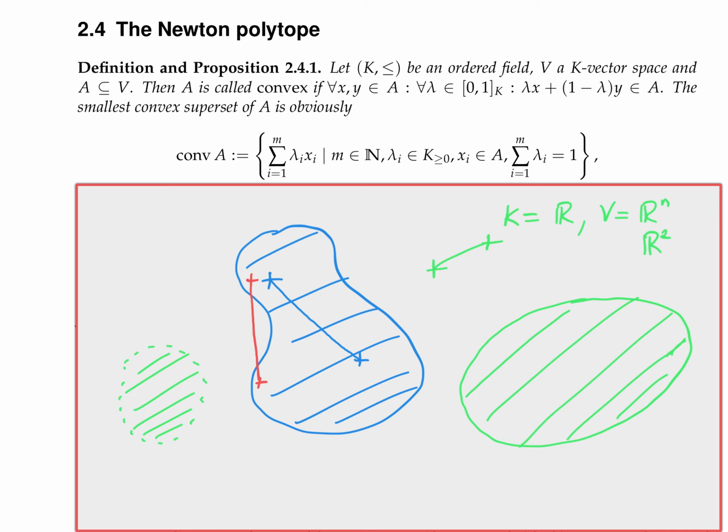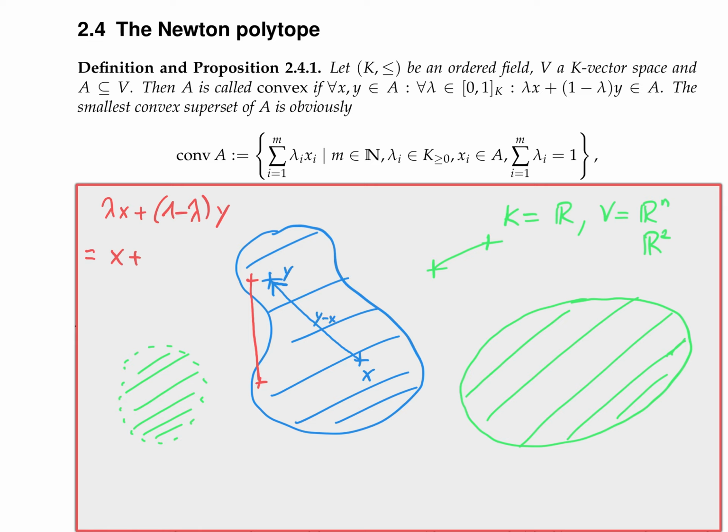Either you see it immediately or maybe some people would prefer a little calculation in order to see it better, because you can write this as x plus, going from x, we take the vector y minus x, right?